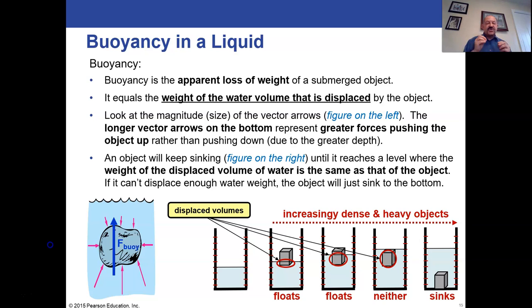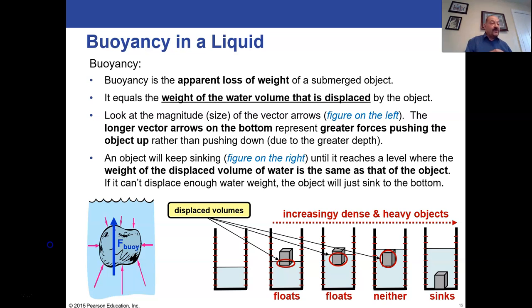Now, if the object is too dense, that last drawing, it doesn't matter how much water it displaces. It will never displace enough water's weight in order to balance its own weight. And what we find is, it turns out the math works out that if its density is less than water, it will float. If it's the same as water, it will hover somewhere about that third block's picture.